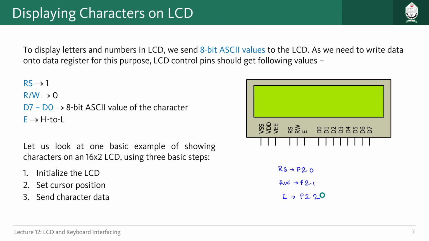And these 8 pins, D0 to D7, will be connected with port 1. So the whole thing will be connected with port 1, so that pin 1.0 will be connected with D0. In this way they will be connected, and pin 1.7 will be connected with D7 of the LCD.